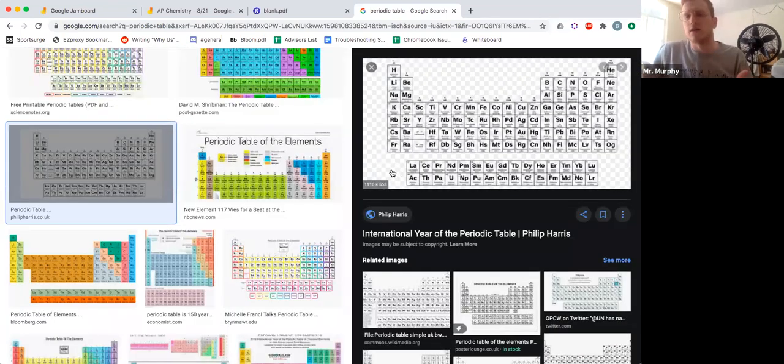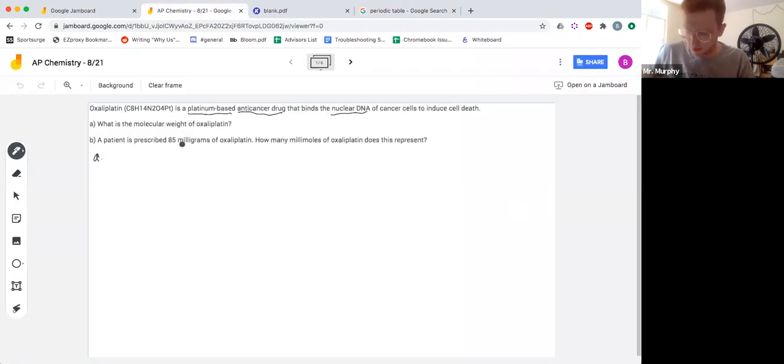So if we want an answer of what our compound is in grams per mole, you would just have to add up the constituent parts of its molecular formula. Easy peasy, lemon squeezy. So we see here C8H14N2O4Pt.